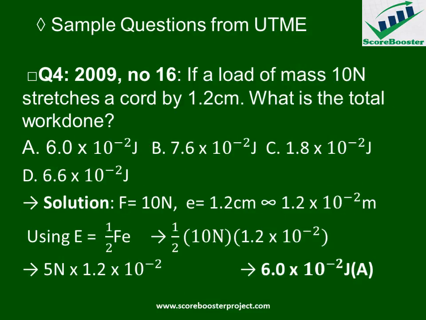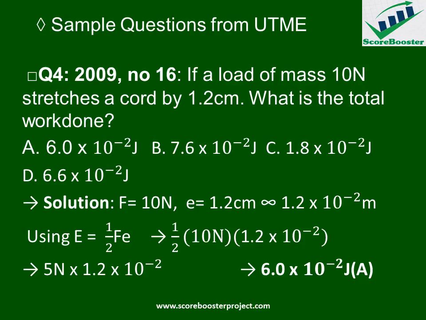Now the next question we shall be considering comes from 2009, number 16, and the question goes thus: if a load of mass 10 Newton stretches a cord by 1.2 centimeter, what is the total work done?